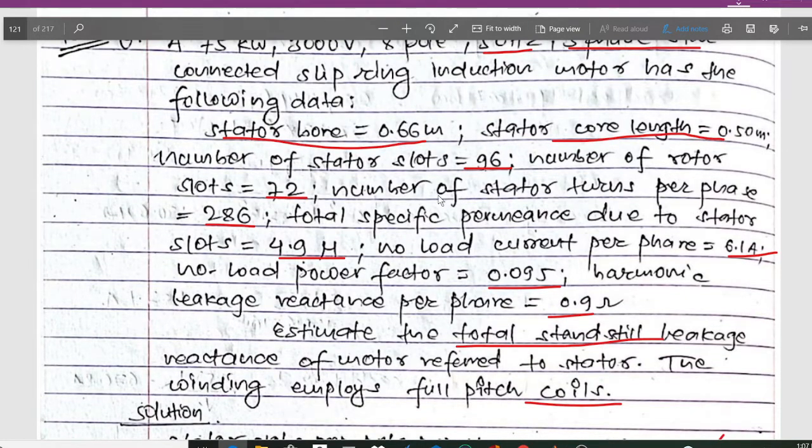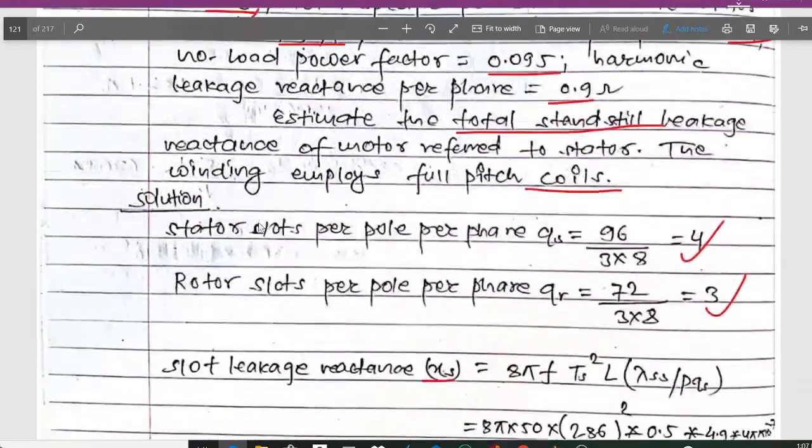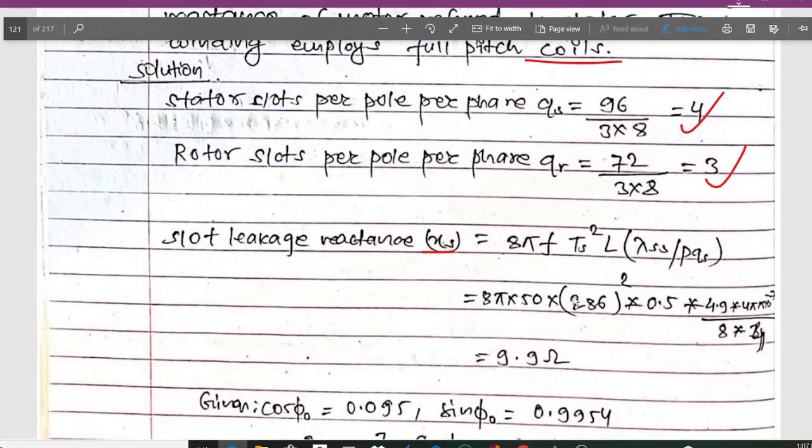The number of stator turns per phase Ts is 286, L is 0.3, and lambda ss is 4.9 mu, with mu as 4 pi into 10 to the minus 7. P is 8 and Qs is 4. Substituting these values, we get 9.9 ohm.